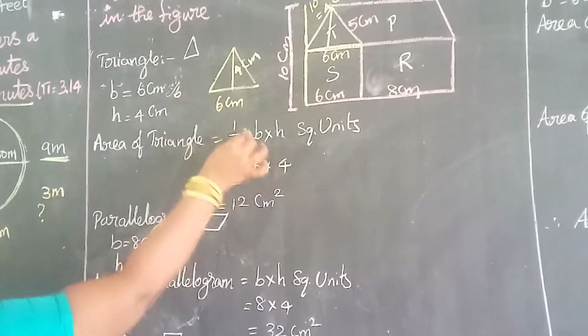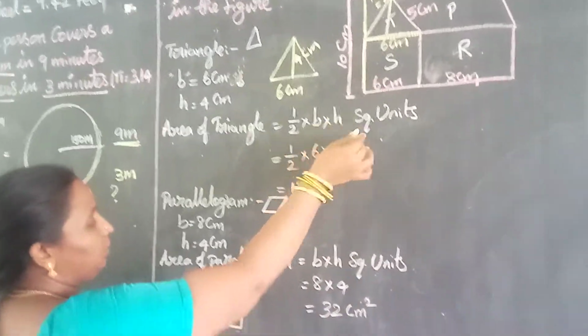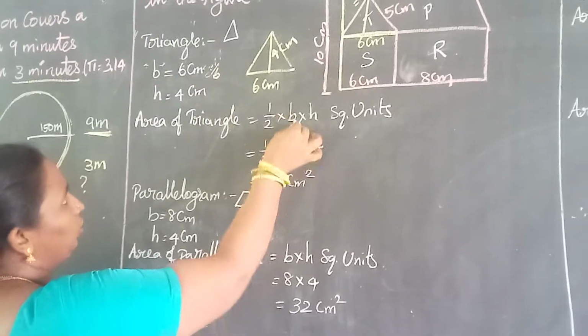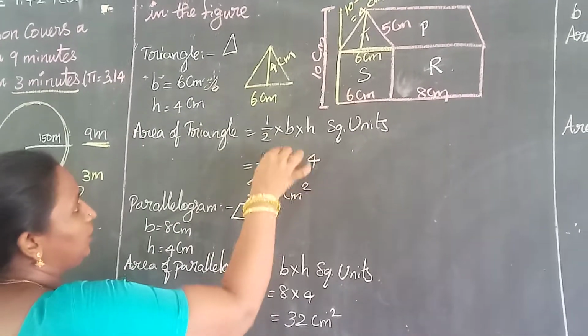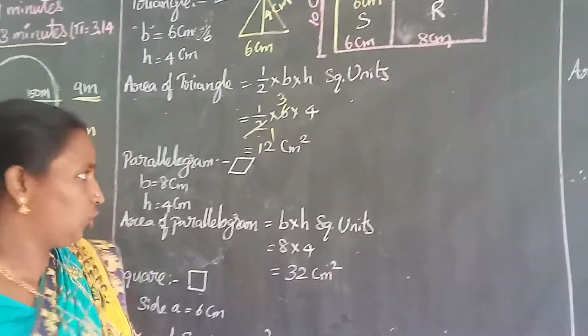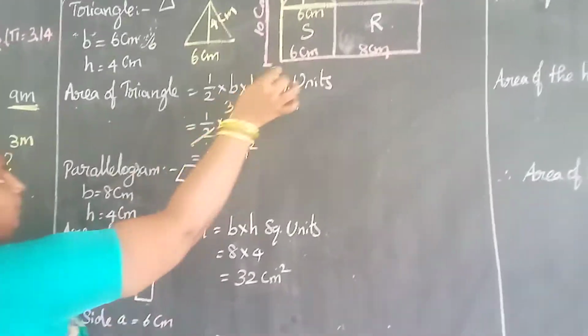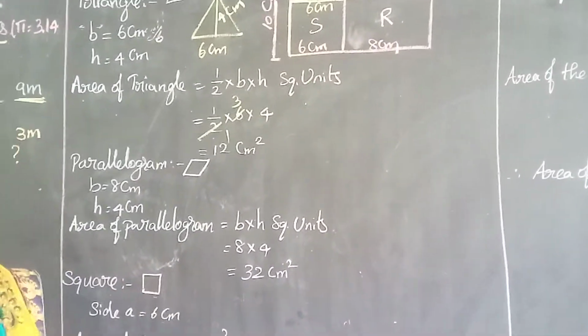Area of triangle equal to, what is the formula? Half into base into height square units. Now substitute the values. 1 by 2 into base 6 and height 4. So cancel now: 2 ones are 2, 2 threes are 6, 6 fours are 24? You will get 12 centimeter square. Now move on to the next shape, that is here, the parallelogram. For a parallelogram we need base and height, you know.